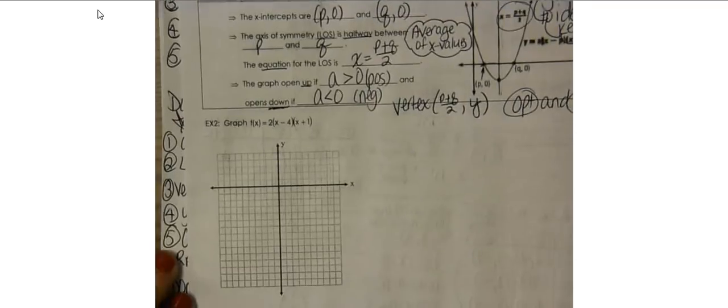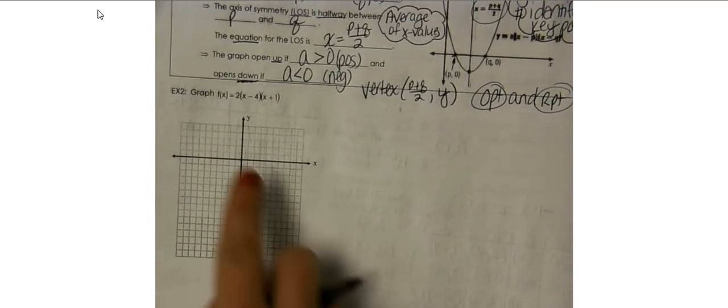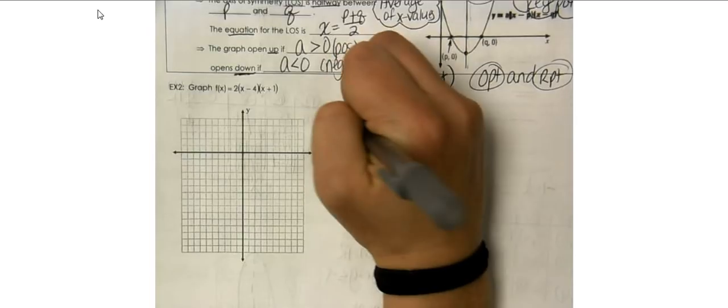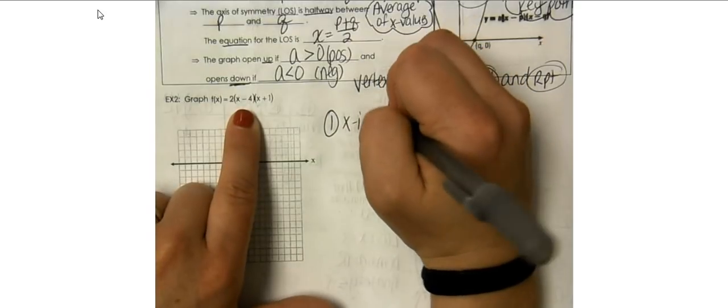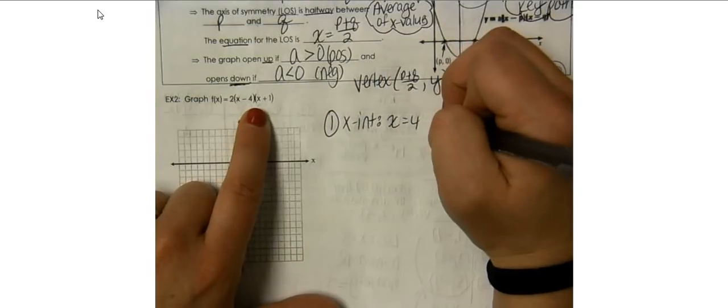Okay. Let's go ahead and get started. So number 1, we have f of x is equal to 2 times x minus 4 times x plus 1. The first thing that we need to do is identify what our x-intercepts are. In this case, the opposite of a minus 4 is 4, so I have x equals 4. And the opposite of a plus 1 is a minus 1, so I have x equals negative 1.